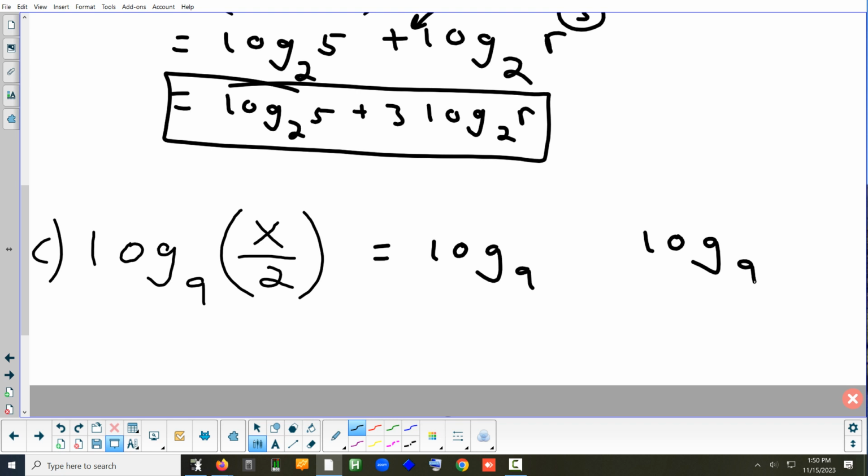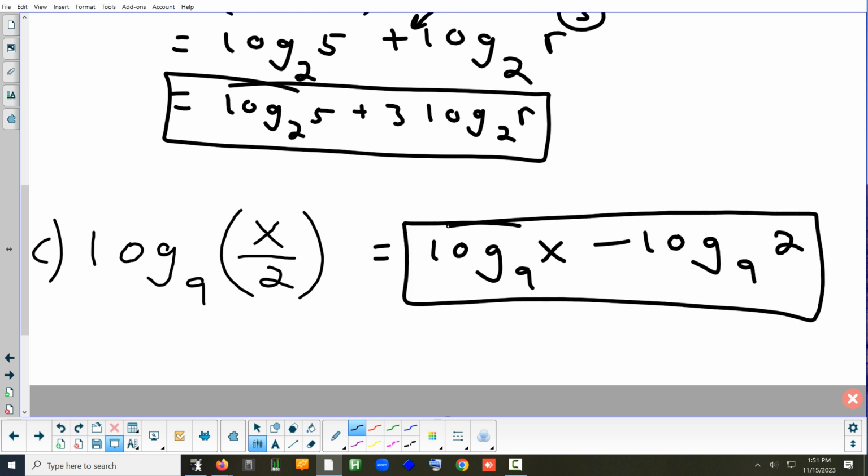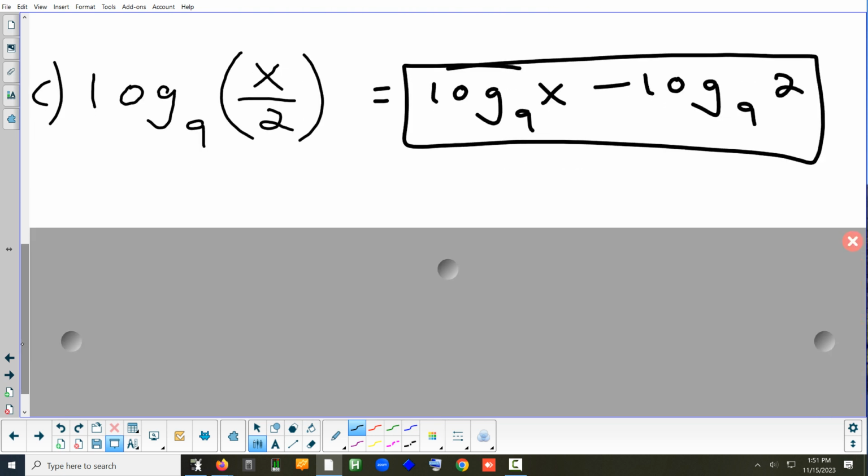Now this is a quotient. It's division. What does division turn into? Subtraction. And then my first argument? X. Second argument? 2. There you go. That's how you split it into 2. Any question on that?